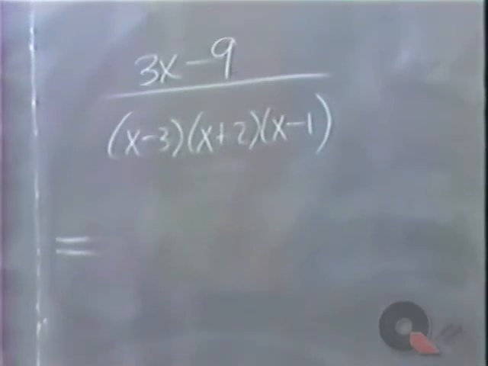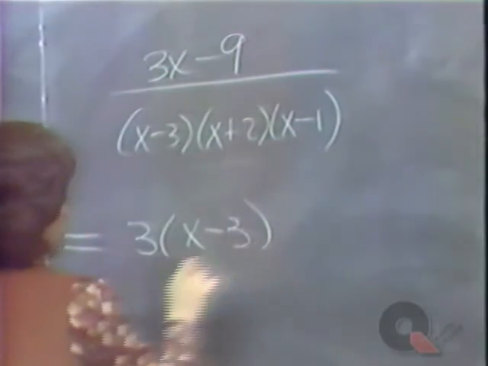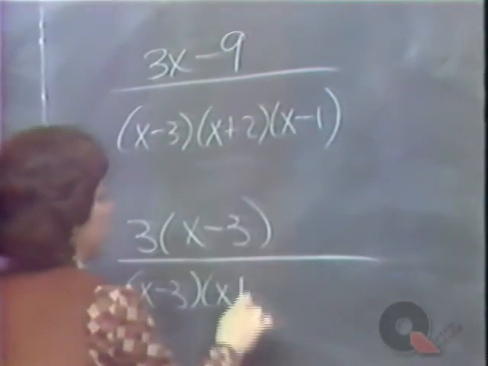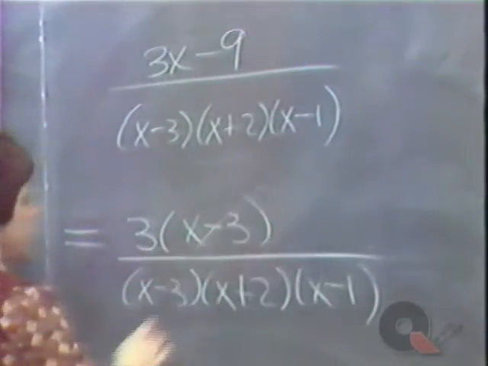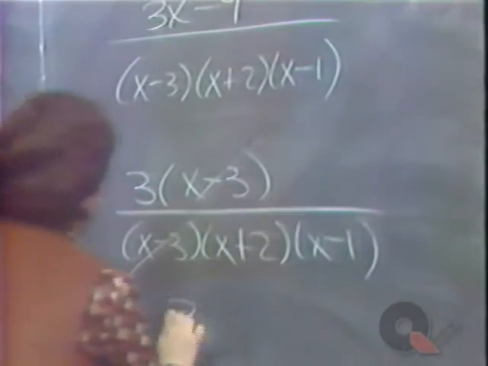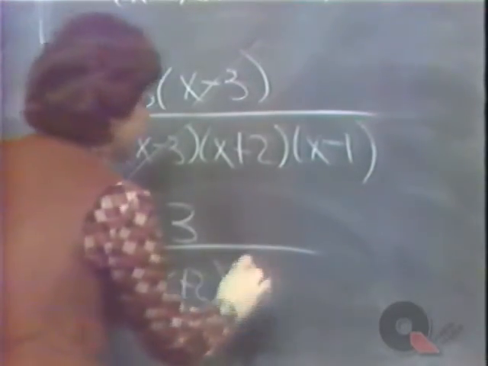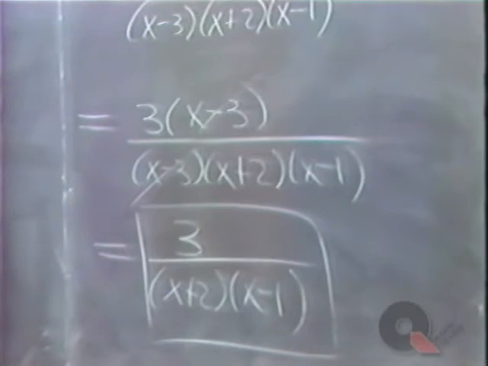This is not in lowest terms, because if we factor a 3 out in the numerator, we notice that x minus 3 is then a factor in the top and the bottom. We can divide numerator and denominator by x minus 3, giving us the final answer, 3 over x plus 2 times x minus 1. And that brings us to the end of the tape.